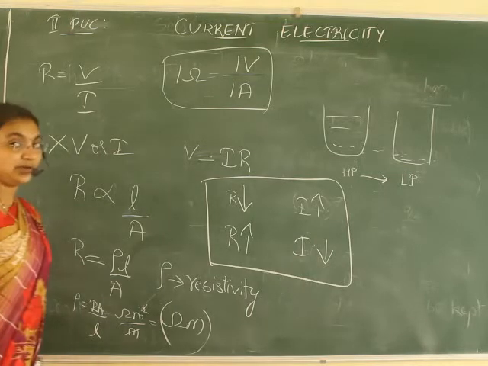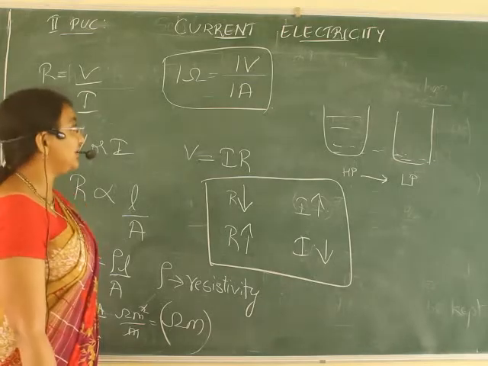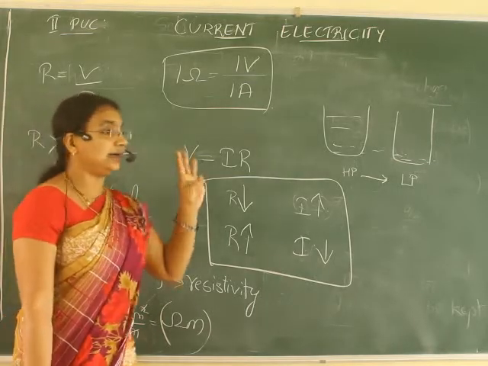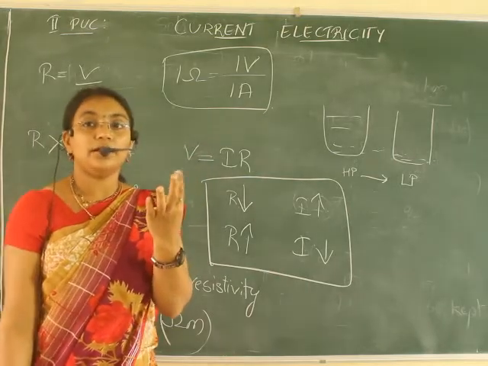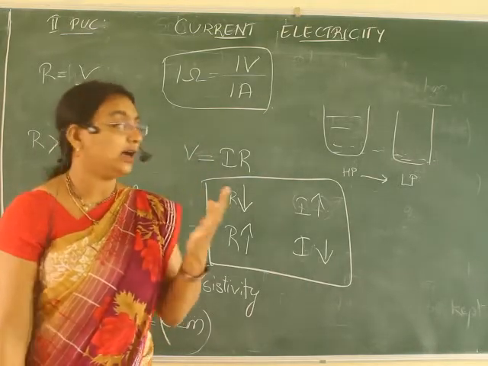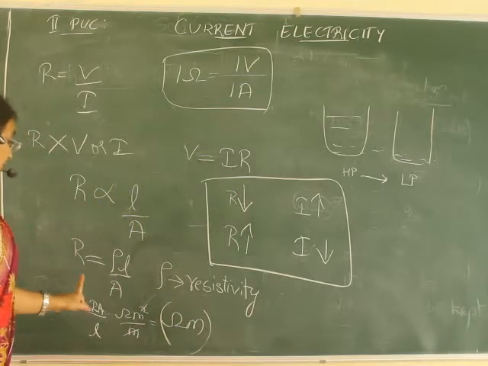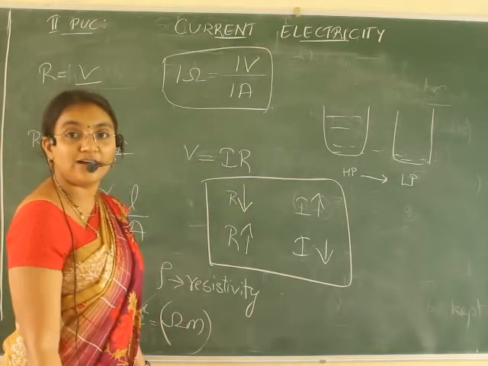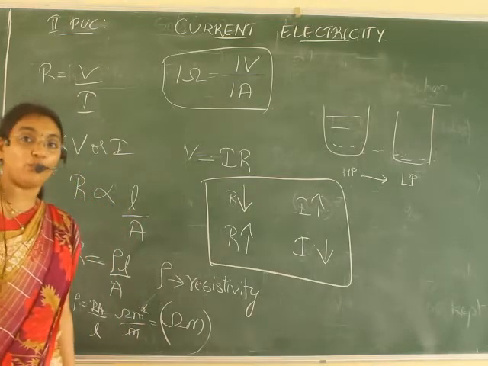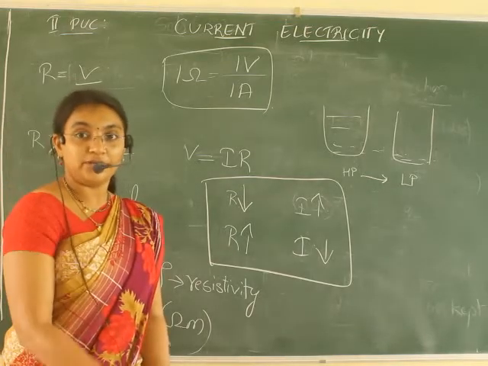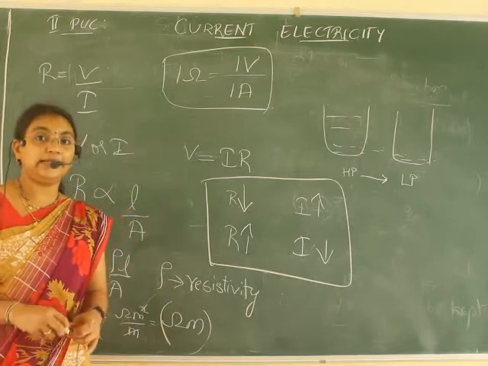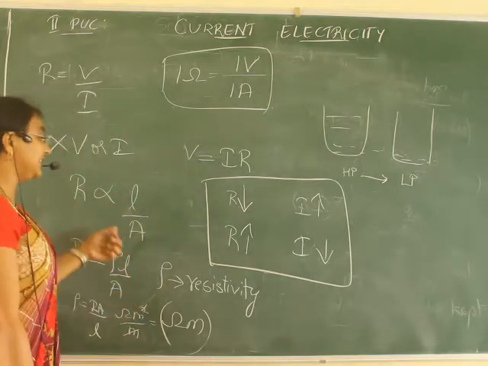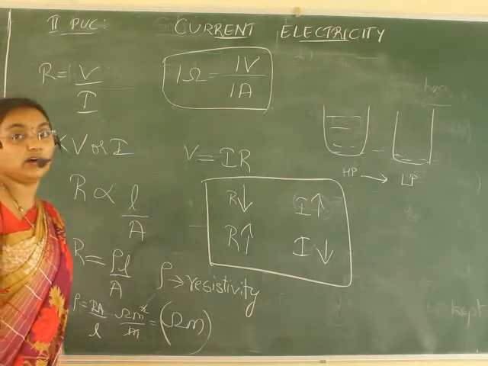Now I will give you one homework. For current, resistance, and resistivity, you have to write the dimensional formula on your own and send it as homework.